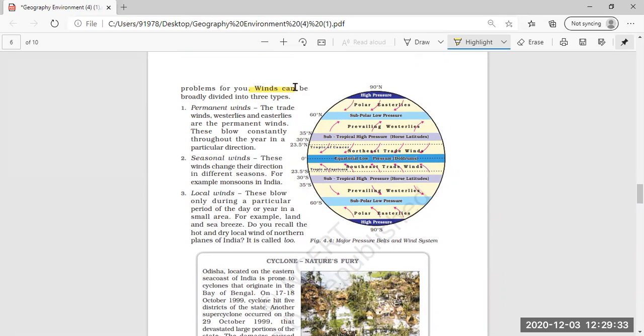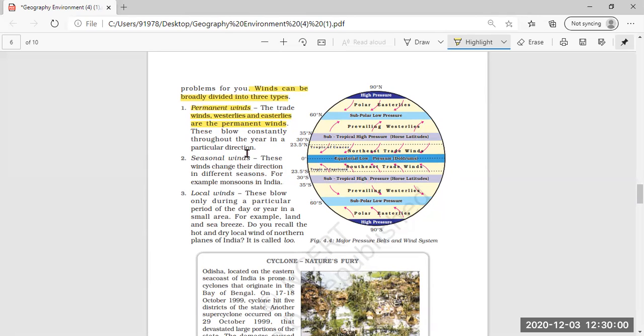You can underline this. Winds can be broadly divided into three types. First, permanent winds, and examples of permanent winds are the trade winds, the westerlies, the easterlies. They blow constantly throughout the year in a particular direction. Means the direction doesn't change; it is always the same.